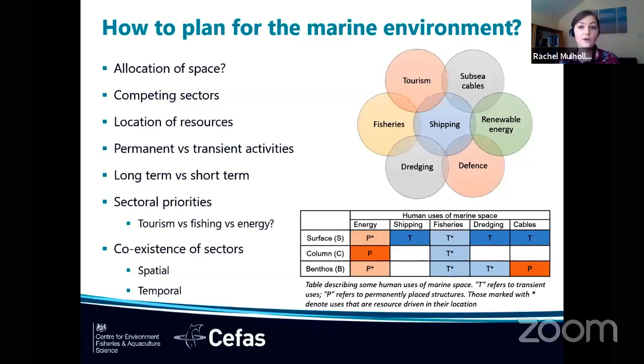Aggregate extraction can only happen where the relevant aggregates are present. Some sectors or activities will need permanent structures in the marine environment, such as oil and gas or renewable energy installations, whereas others, such as fishing, are more transient and will move through an area.